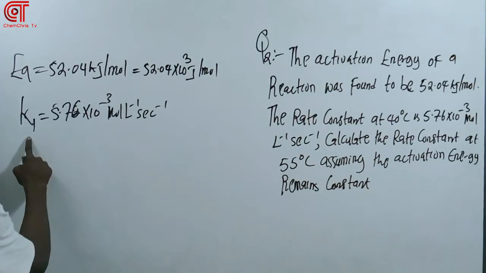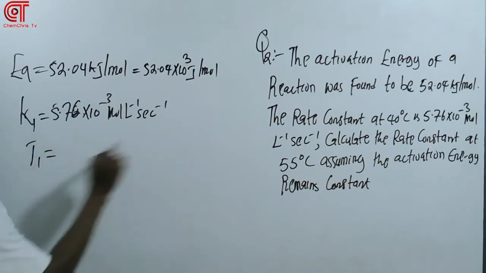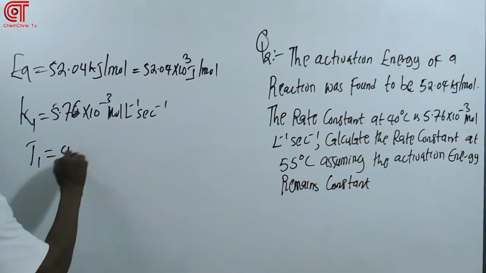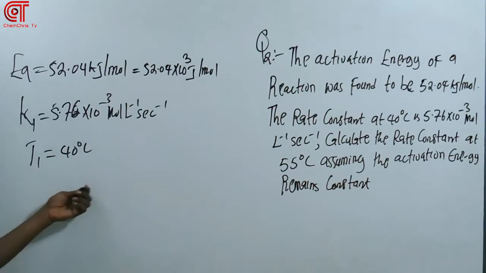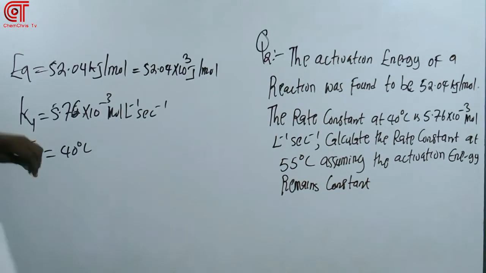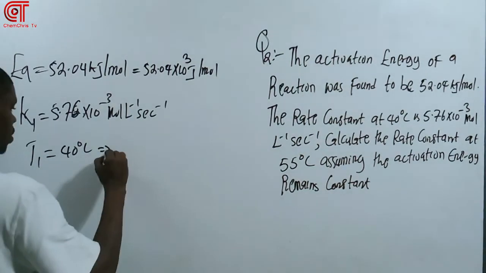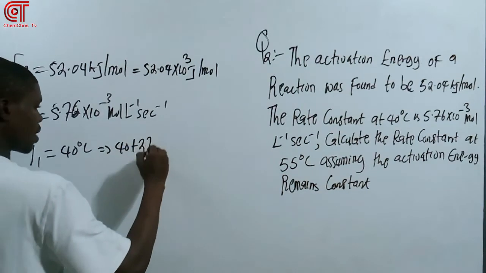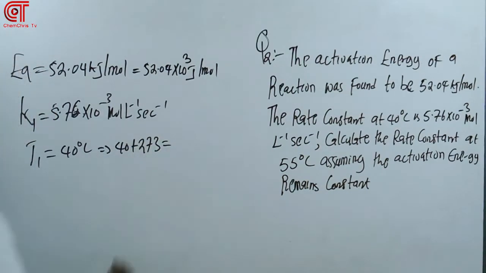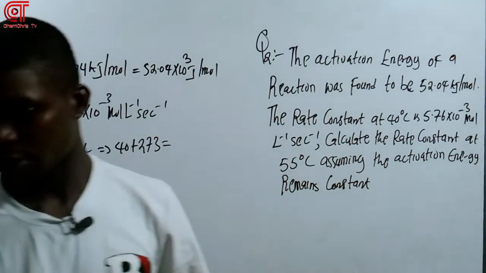So my K1 is this, then my T1 is that temperature, 40 degrees centigrade. Remember, you have to convert this one to Kelvin. So it's going to be 40 plus 273. So you have to punch your calculator and get the answer.